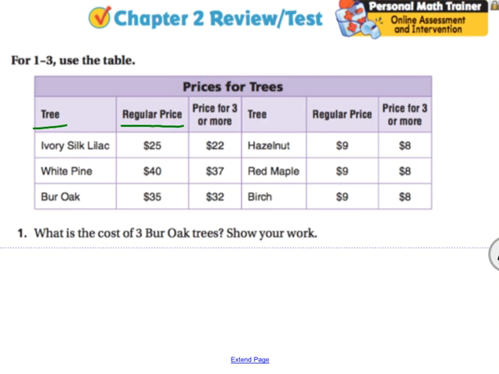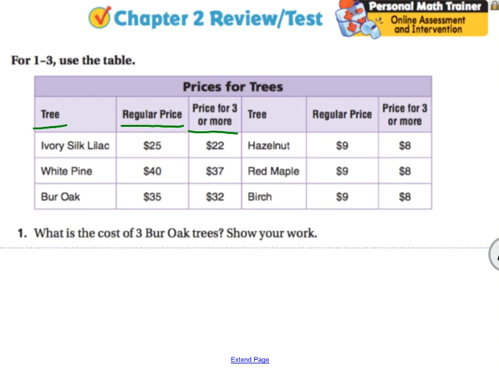And then we have a column that says price for 3 or more. Now, price for 3 or more means that if you buy 3 or more of that type of tree, they give you a discounted price.